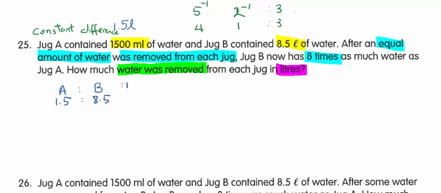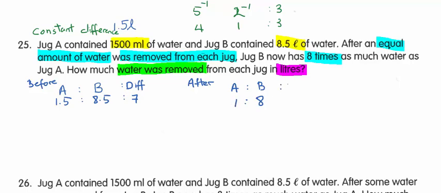Now the difference is 7 liters. So this is before. Now after, A is to B. So after that, jug B now has 8 times of A. So that means B has 8 units, A has 1 unit.